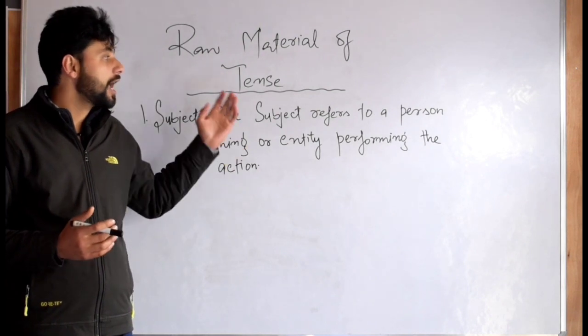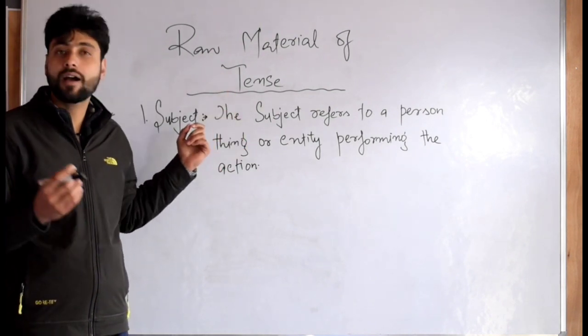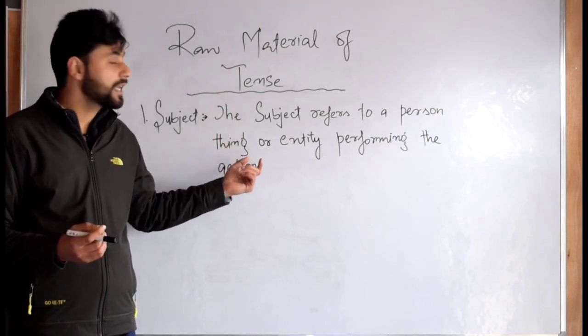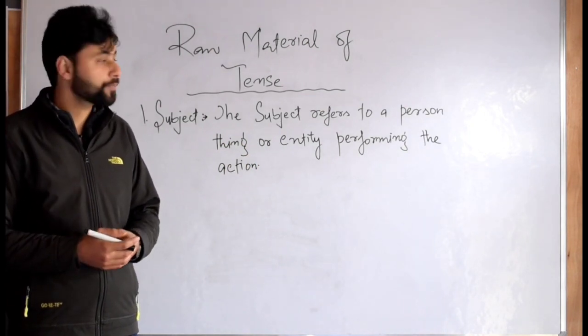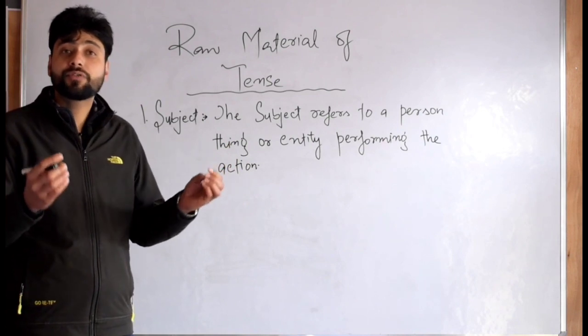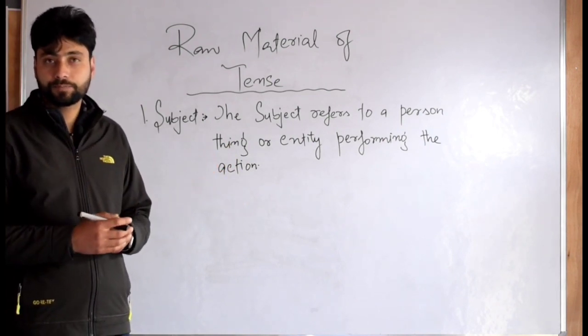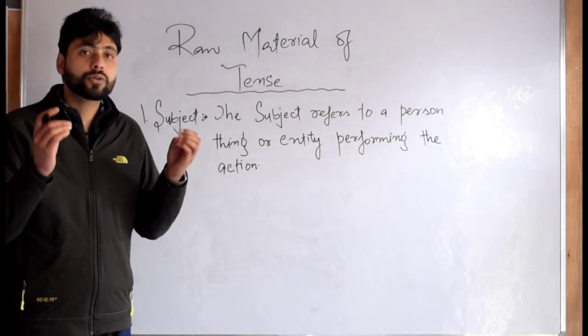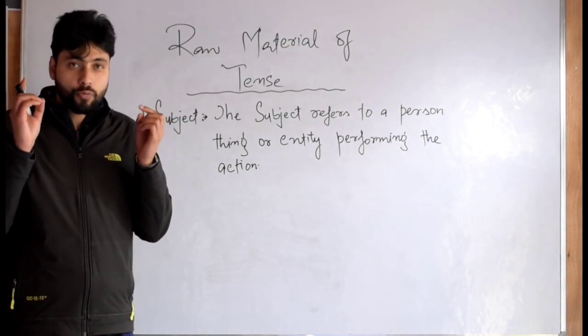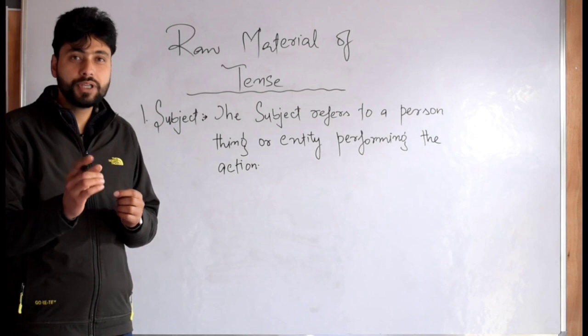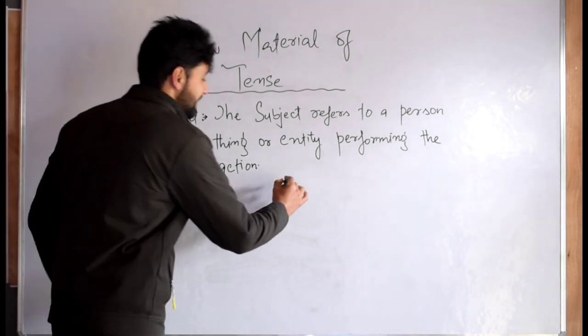It can be a person, it can be a thing, or it can be any entity which exists in this world. So it actually performs an action. If you can correlate the subject with one part of speech, that is noun.